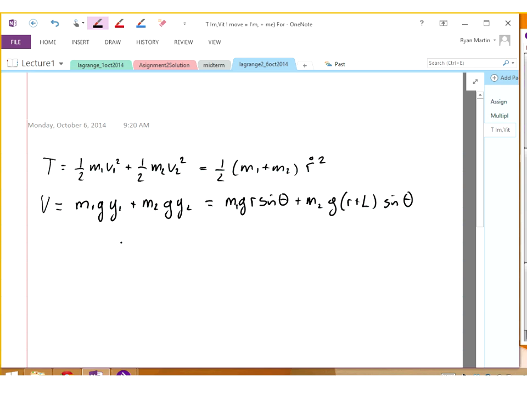So let me now construct the Lagrangian. The Lagrangian is then T minus V: a half M1 plus M2 R dot squared minus M1 G R sine theta.